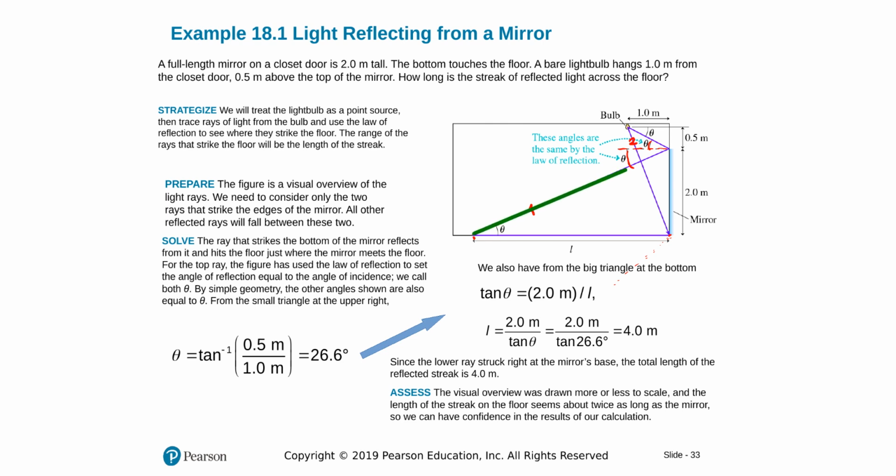If I look at this green triangle I am redrawing for you, tangent theta is equal to the opposite, 2 meters, over adjacent, which is L. So I can use that to calculate L. Switching L and tangent theta, I can say L is equal to 2 meters over tangent theta. And that will give me what L is. So all I have to do is know what theta is. I know 2 meters, I'll get L from there.